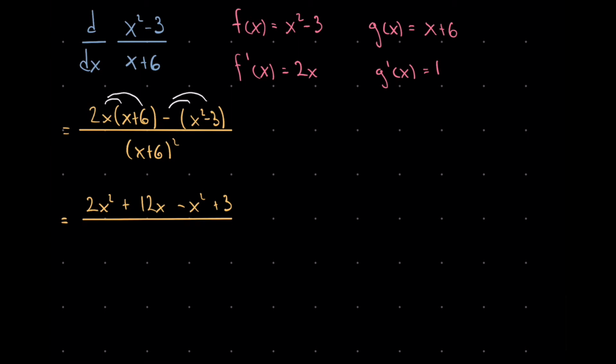Once again, all over the denominator, x plus 6 squared. And now we group some like terms. We have 2x squared and minus x squared, so that becomes just x squared plus 12x plus 3, and this is divided by x plus 6 squared, giving us our final answer.